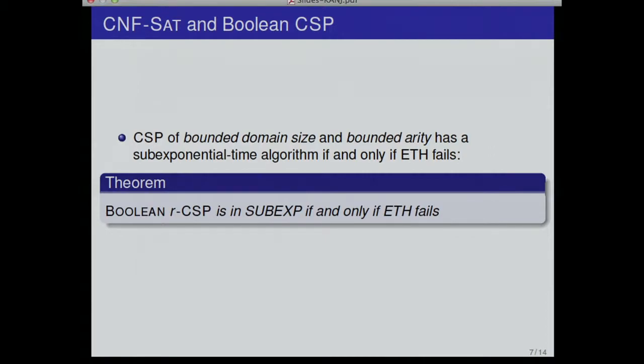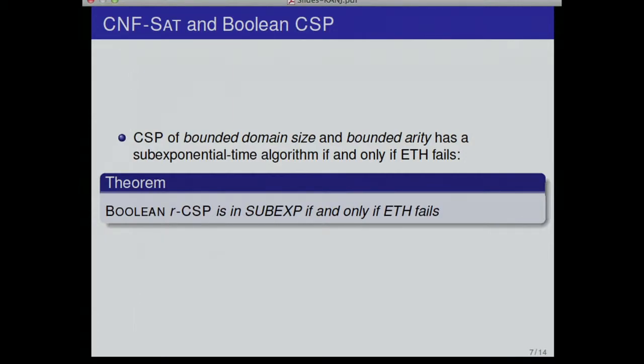In one direction, if you look at 3-CNF-SAT, then every clause, because it has width at most 3, can be modeled as a constraint, and you can enumerate all the tuples that satisfy it in constant time. So you could transform an instance of 3-CNF-SAT to an instance of CSP on the same number of variables, and that's a polynomial time reduction.